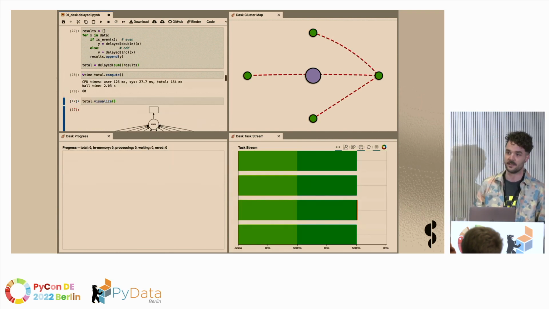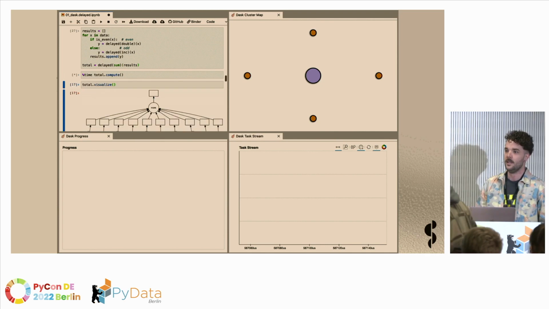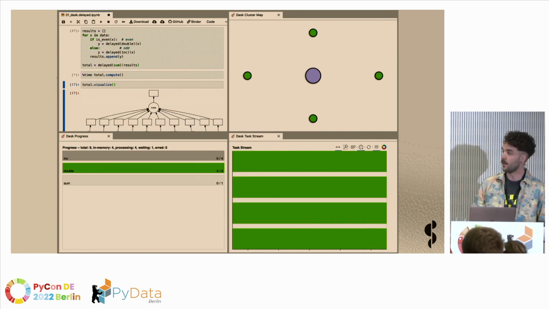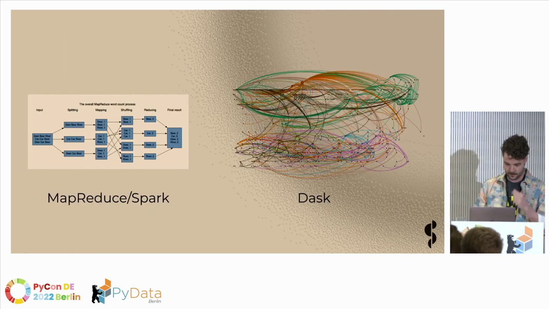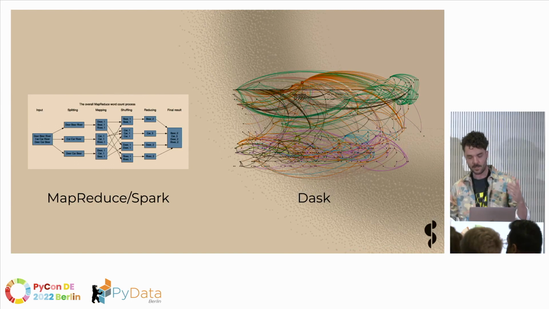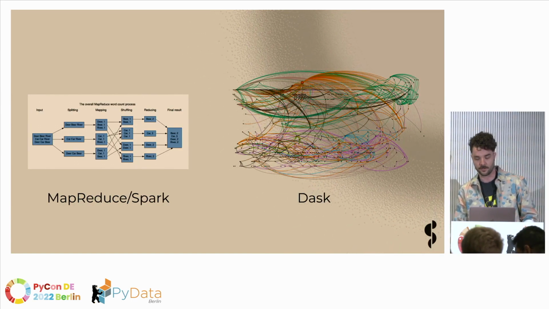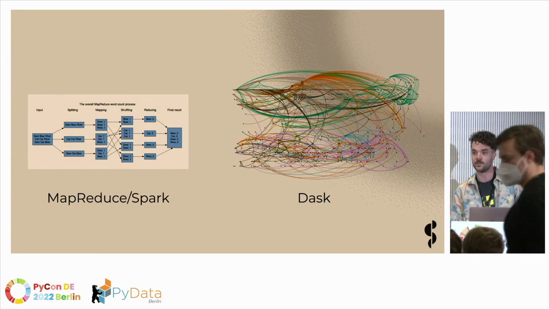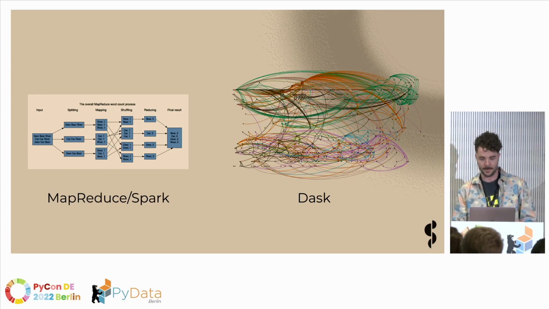This is the Dask dashboard, which gives you live visual information about computations that are running on your cluster. And we'll see more of that live. This kind of lower level flexibility is also a great selling point for Dask as opposed to more traditional MapReduce systems, because it gives you a lot more flexibility in building your own task graph and creating custom parallel computations.